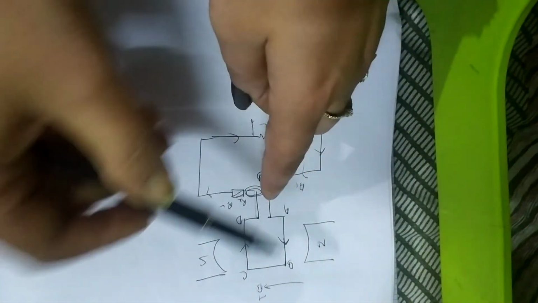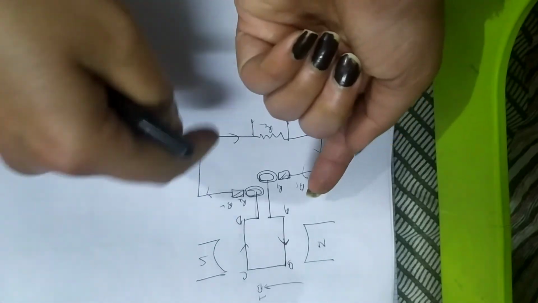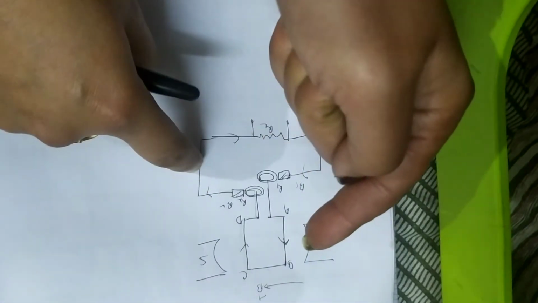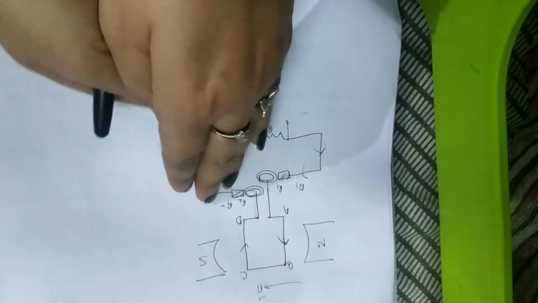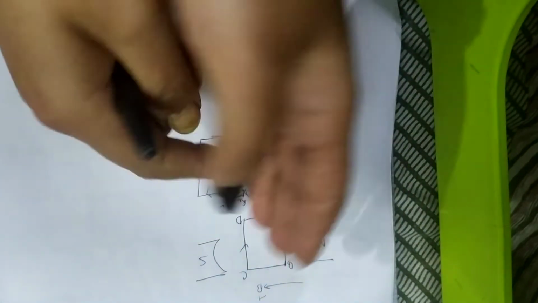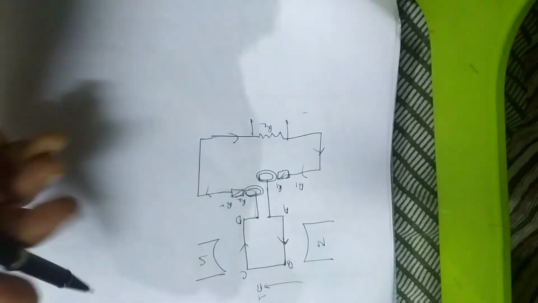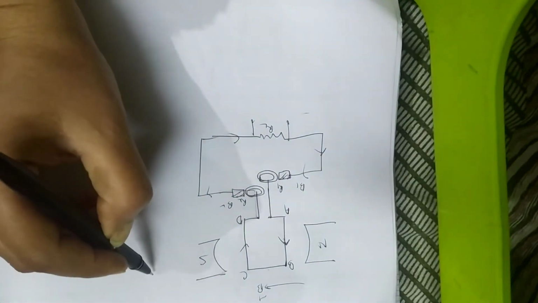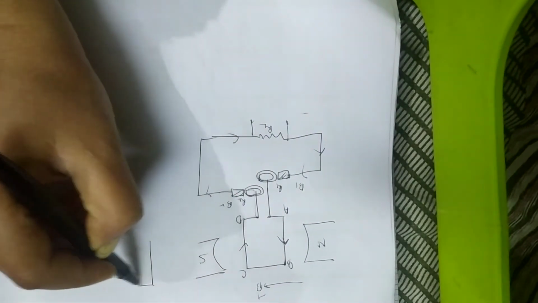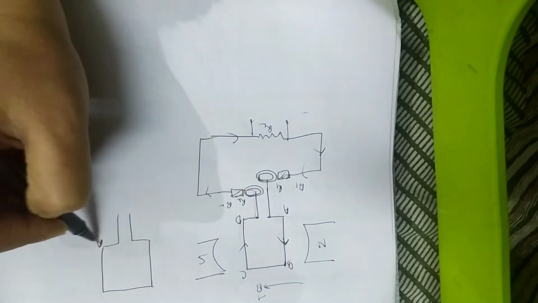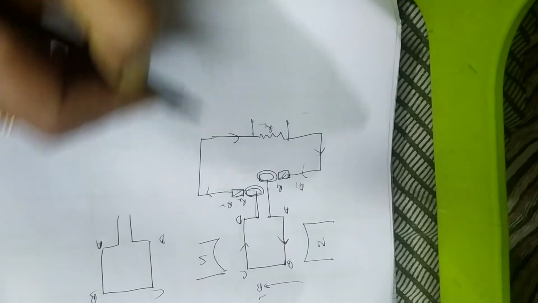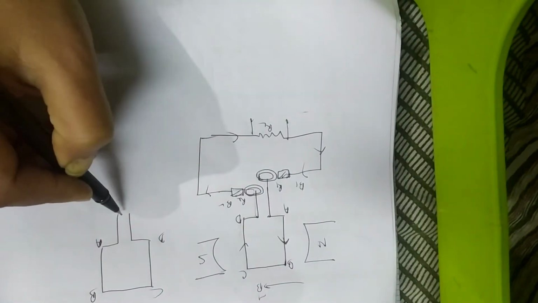We have taken this as up and this as down. When it is rotating, now AB will come on this side and CD will go on the other side. So when we rotate it, their directions get reversed. Rest of the arrangement remains the same.